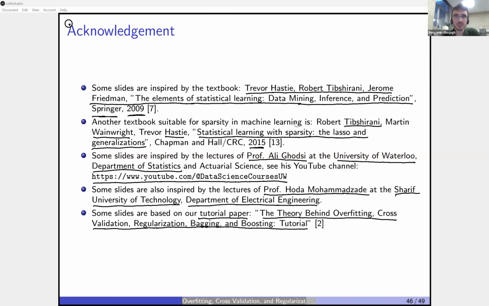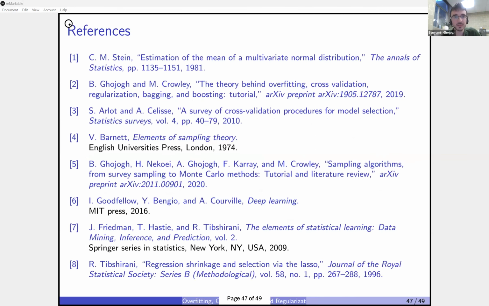Okay, so, the references. This is Stein's lemma. This paper, Estimation of the Mean of a Multivariate Normal Distribution, is in Annals of Statistics, one of the important journals, in 1981.